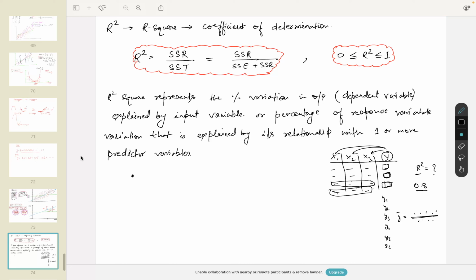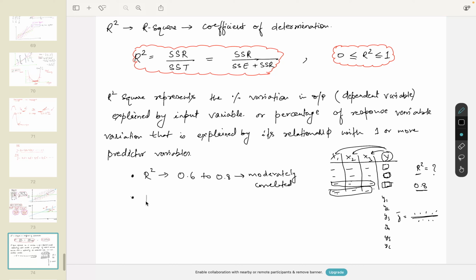So if r square is between 0.6 to 0.8, then we say it is moderately correlated, or moderately able to explain the variations. Okay, it's not the correlation coefficient. If I'm writing correlated, it's not the correlation coefficient.